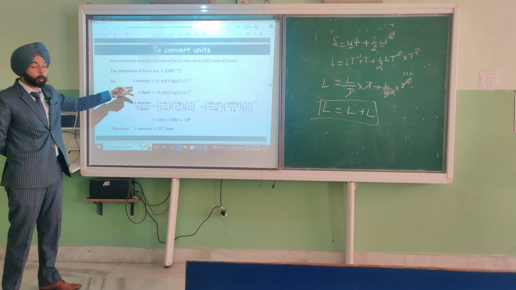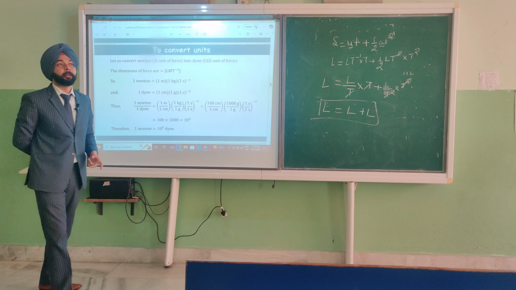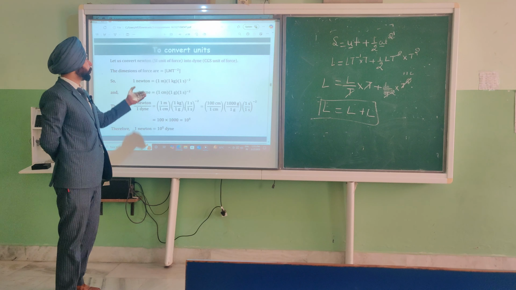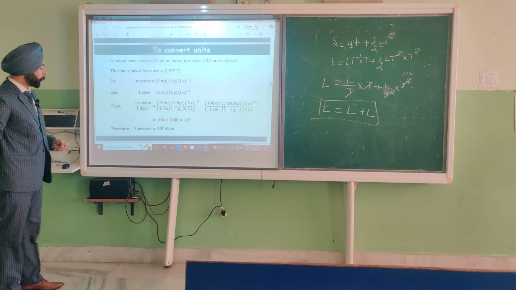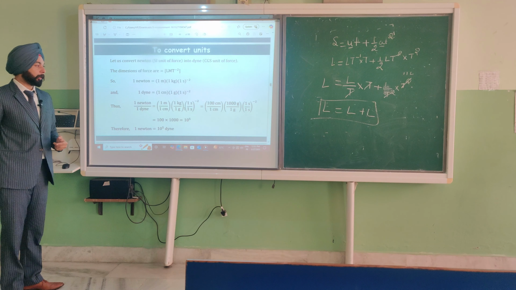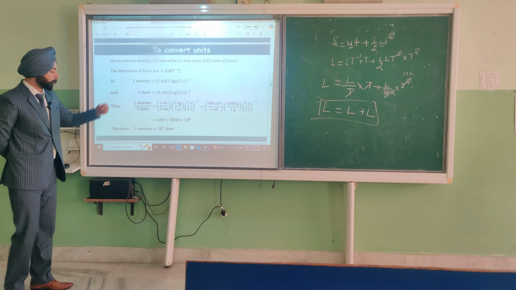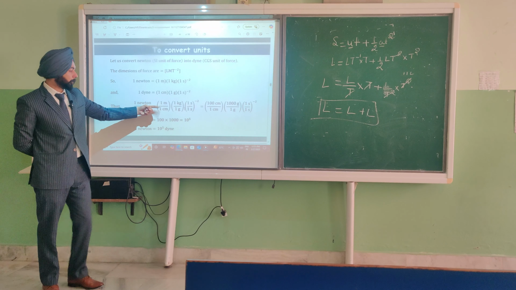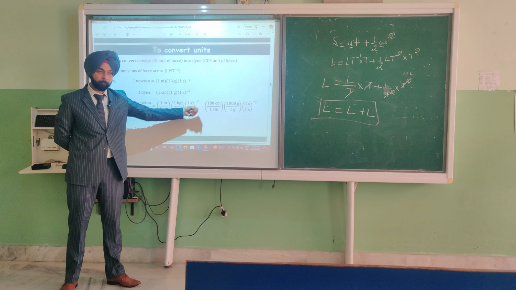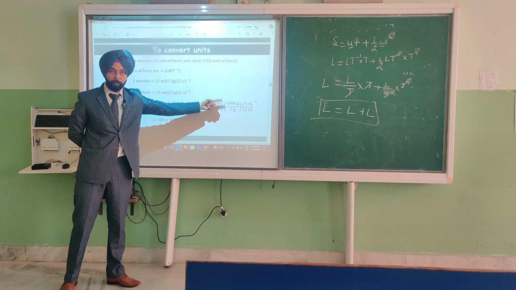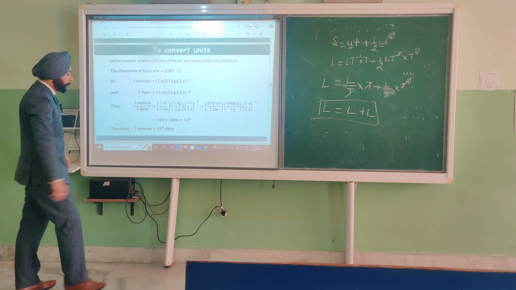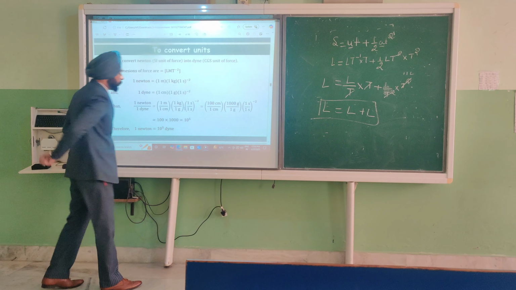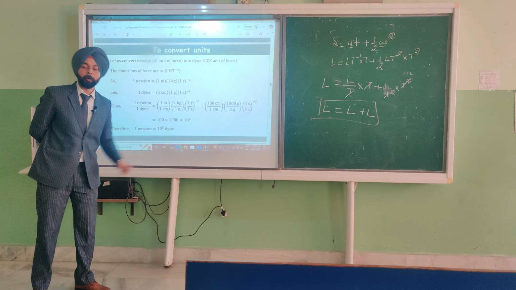We had already discussed the CGS system of units and the SI system of units. Now 1 Newton upon 1 dyne: 1 meter is 100 centimeter upon 1 centimeter, 1 kilogram is 1000 gram upon 1 gram, 1 second upon 1 second again. So 100 into 1000 is equal to 10 raised to the power 5.